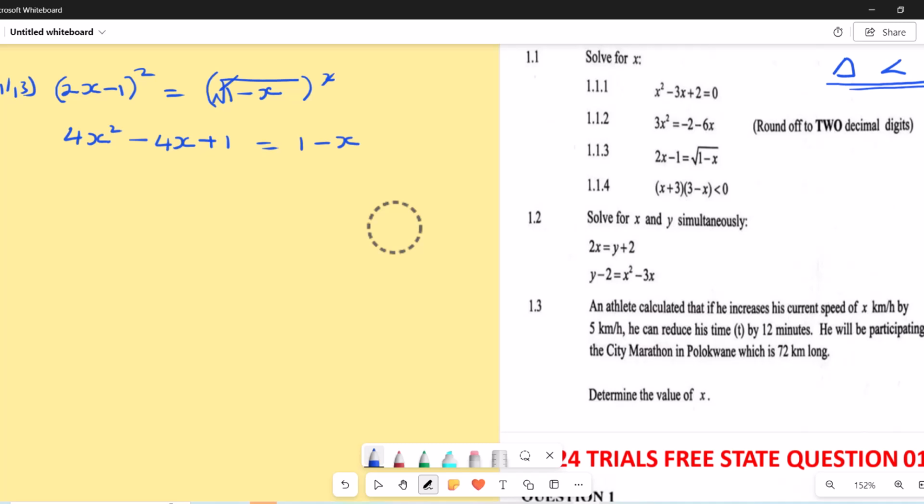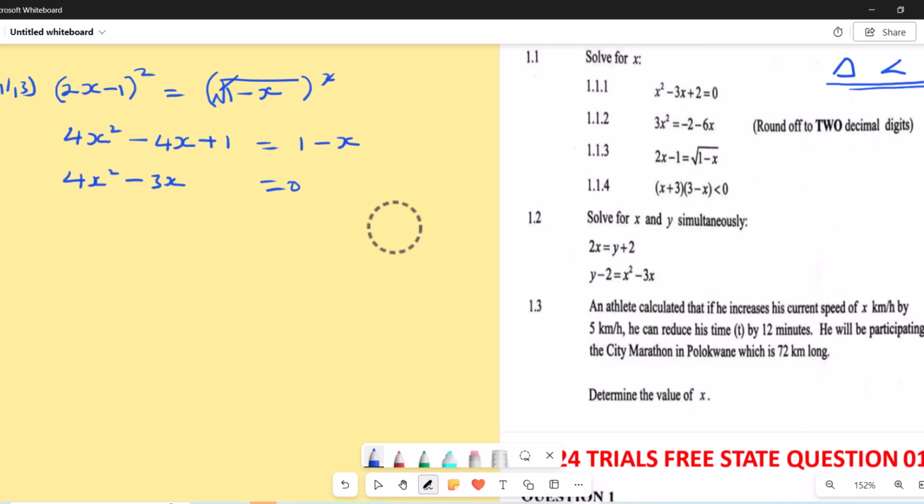Now before we form the standard quadratic equation, we're going to have 4x squared, then the minus x becomes positive, so minus 3x. Now 1 minus 1 is 0, so equals 0.